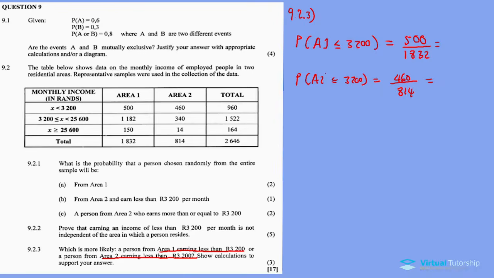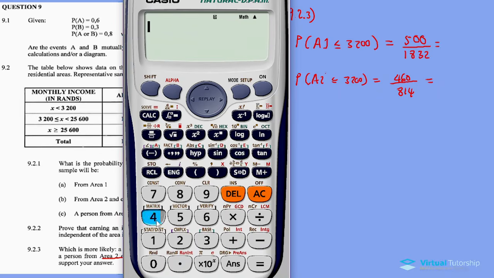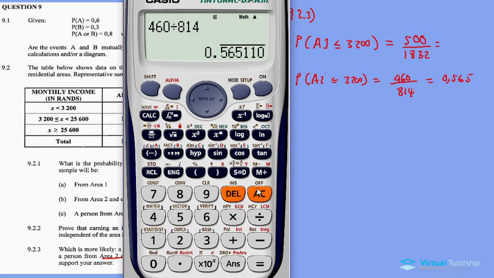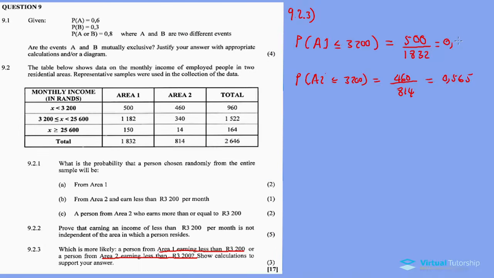Now let us calculate again. 460 divided by 814 equal to, let's take it to 3 decimal places, 0.565. The other one, 500 divided by 1832, is equal to 0.2773 in 3 decimal places.